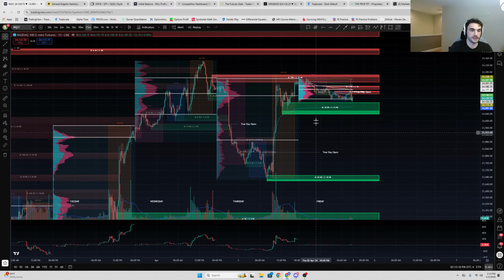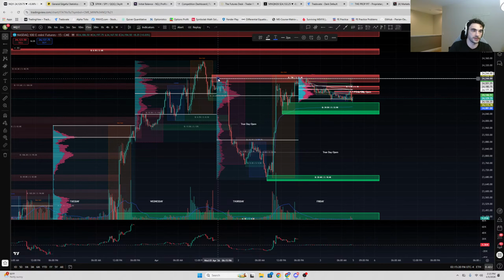So if I look at this, coming into this overnight session on Thursday when I traded this, what did I have marked out? Well, I had this value area high from Wednesday marked out. I didn't mark out this Tuesday value area high because I knew it lined up with Wednesday. This Tuesday and Wednesday profile, they're very similar. The only difference really is where your value area low is.